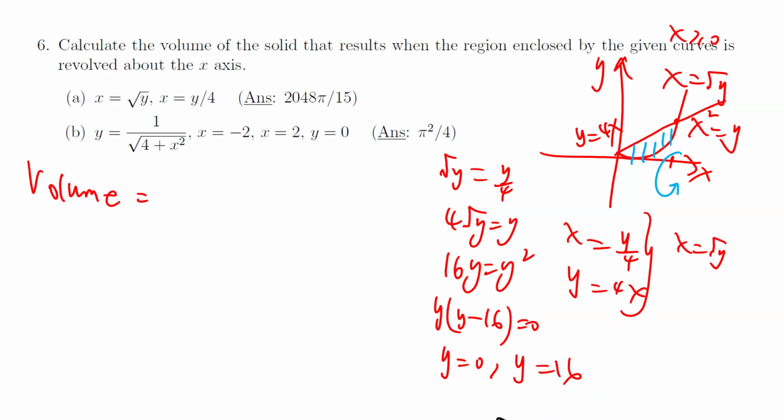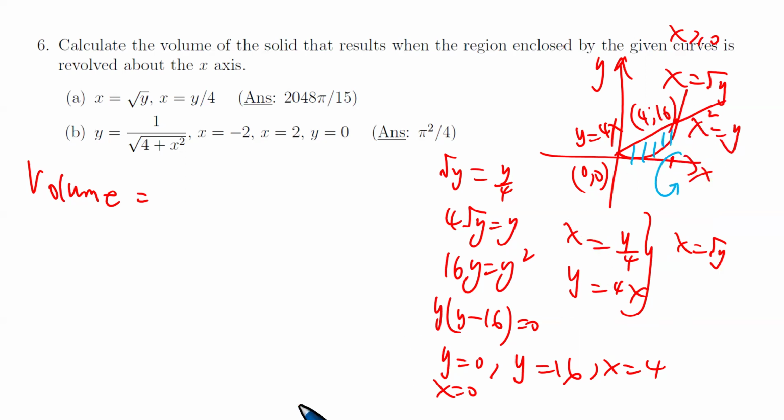Now when you put y equals 16 here, you have that x is 4, and x is 0 for y equals 0. So they intersect at the origin, but also when x equals 4 and y equals 16.